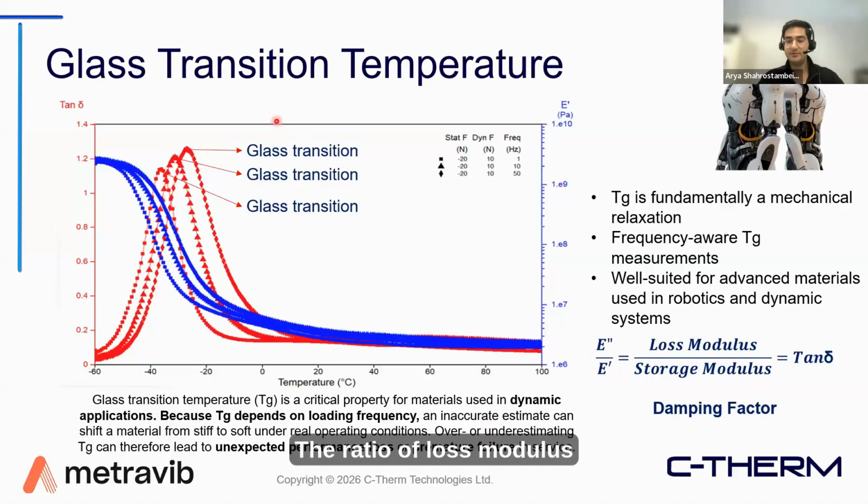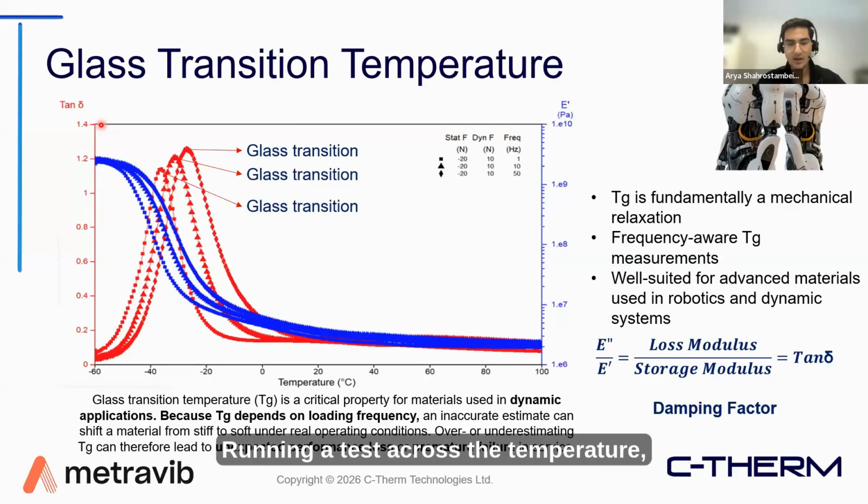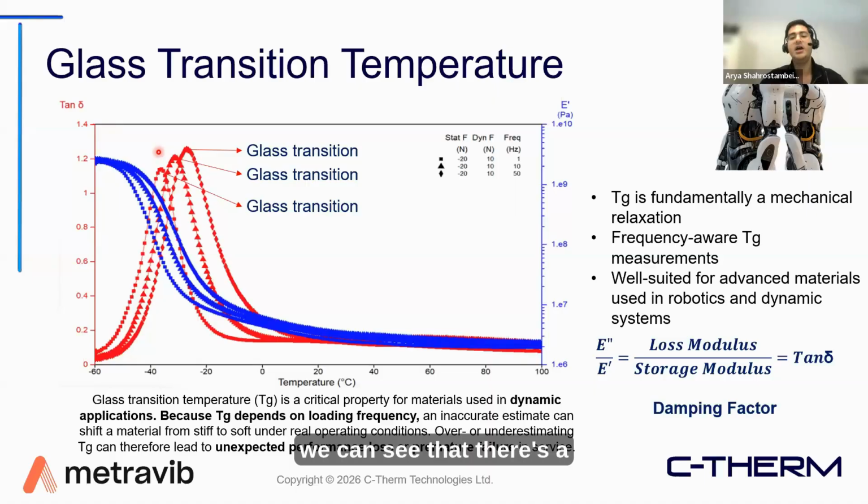The ratio of loss modulus over storage modulus gives us the value of tan delta, which is very important in determination of glass transition temperature. Running a test across a temperature, for this case, for example, from minus 60 degrees C to 100 degrees C, we can see that there is a peak in the value of tan delta, and there's a drop in our storage modulus.